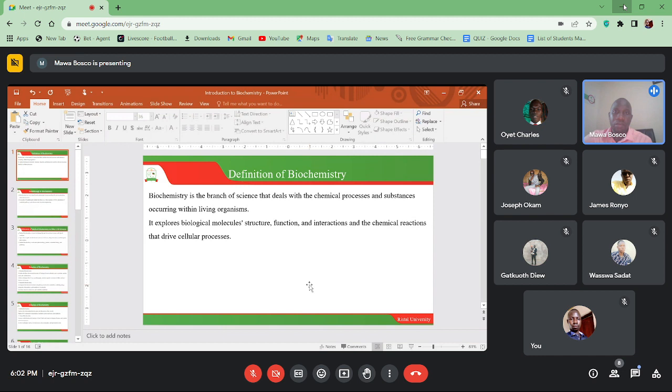In our subsequent sessions we shall look at the structures of carbohydrates, proteins, lipids, the different metabolic processes, the pathways, glycolysis, Krebs cycle, what we call the TCA cycle, and glycogenesis. We shall also be linking them to our clinical practice.